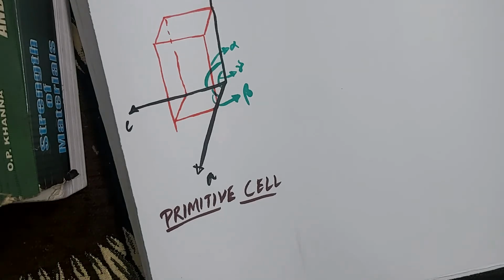If we go for the definition of the primitive cell, it is the cell which has atomic packing factor equal to 1, meaning 8 atoms in corners is called a primitive cell.